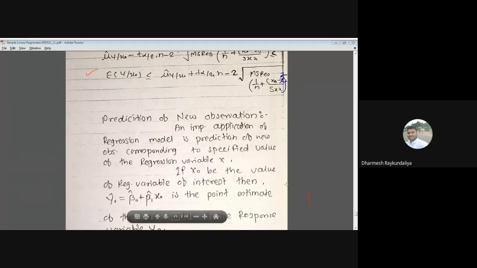So an important application of regression model is prediction of a new observation corresponding to the specific value of the regression x.